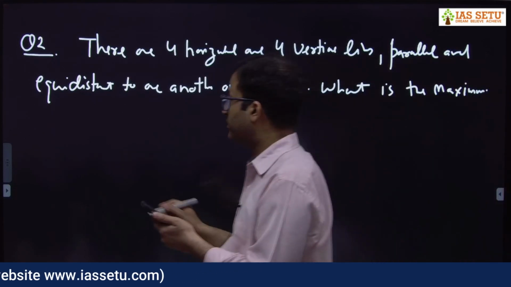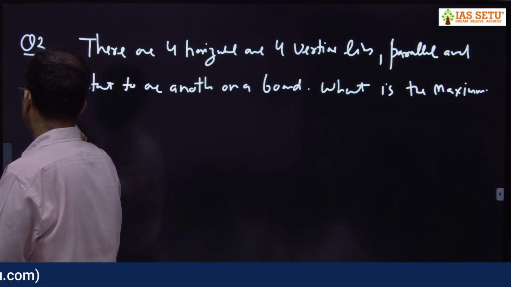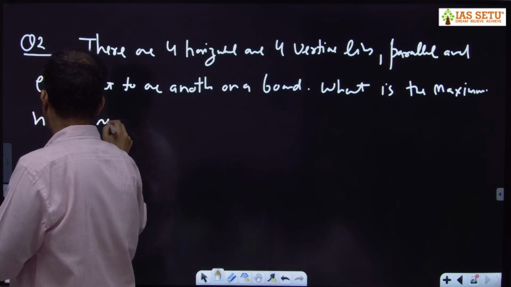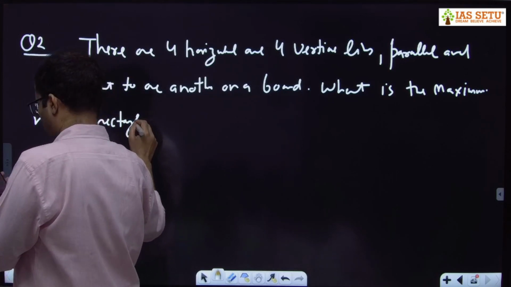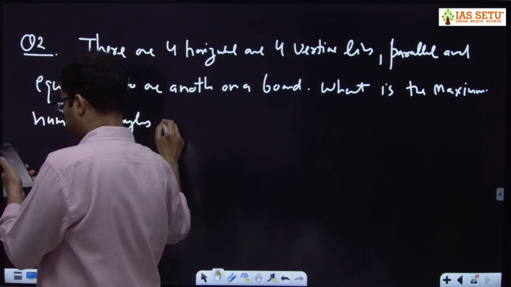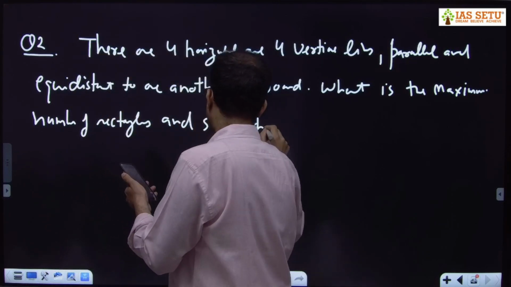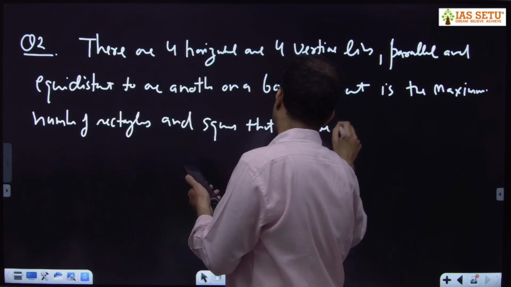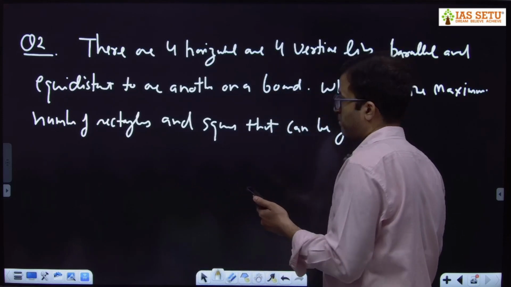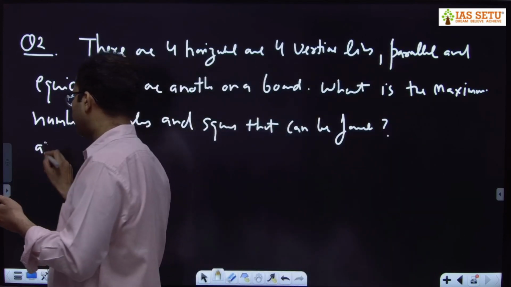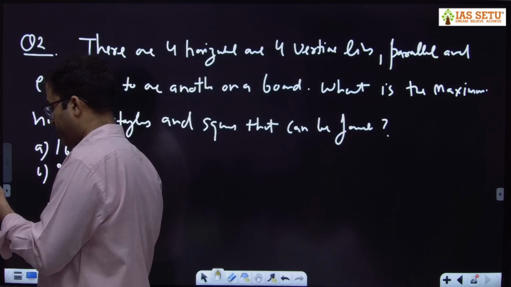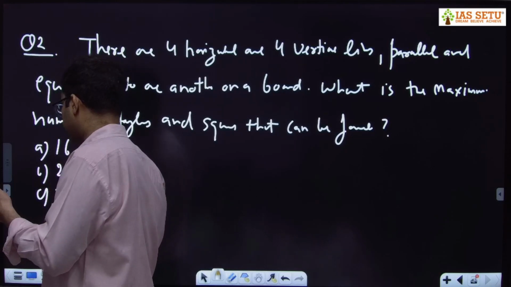What is the maximum number of rectangles and squares that can be formed? Answer option A 16, B 24, C 36, D 42.